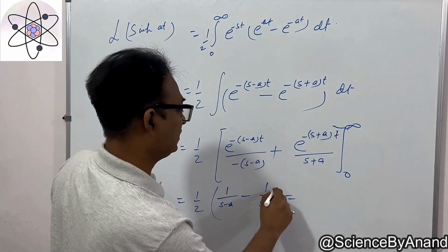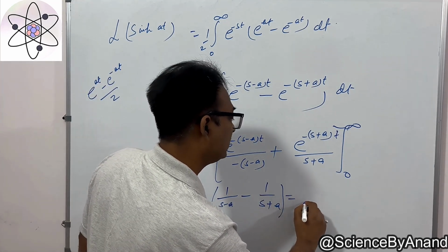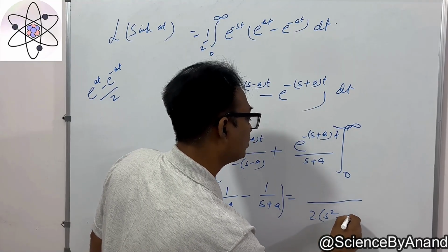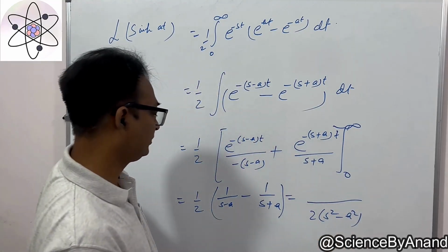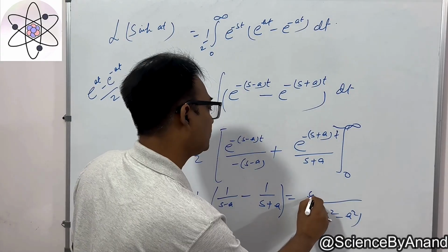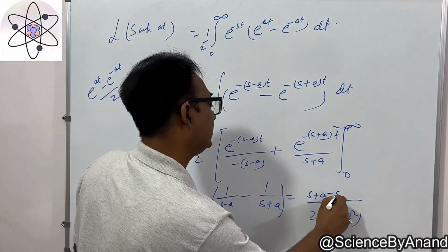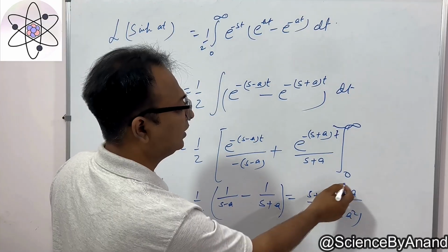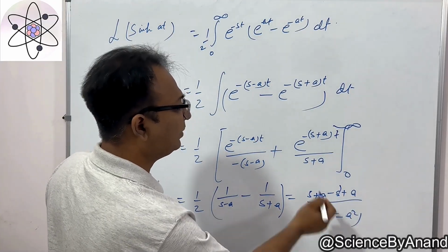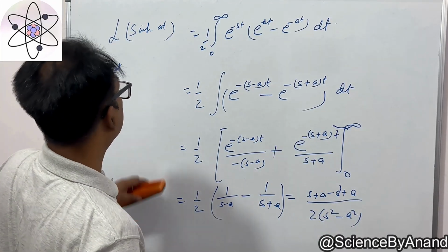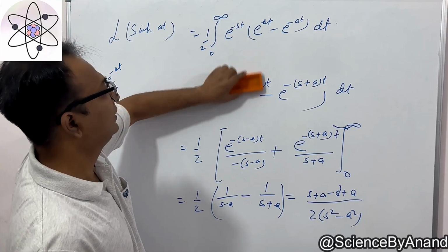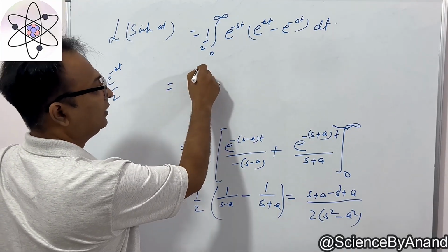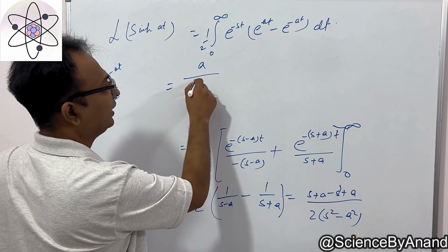Okay, let's expand it. This will be twice of s square minus a square. This will be s plus a minus s plus a. So this is 2a, s cancels, 2a by 2. So this will be a by s square minus a square. So Laplace transform of sin hyperbolic at is a by s square minus a square.